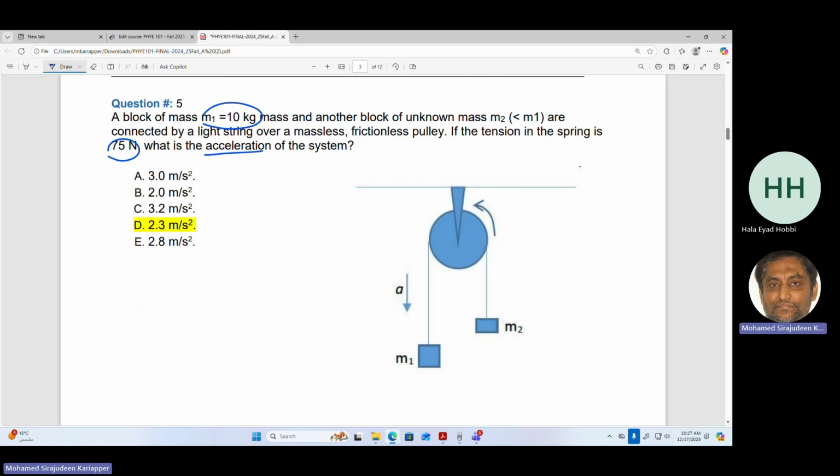Right. The mass of m1 is given, whereas the mass of m2 is not given. So the wise thing is to go with the one where more things are given. We will be able to reduce the number of unknowns if I apply Newton's second law on m1.